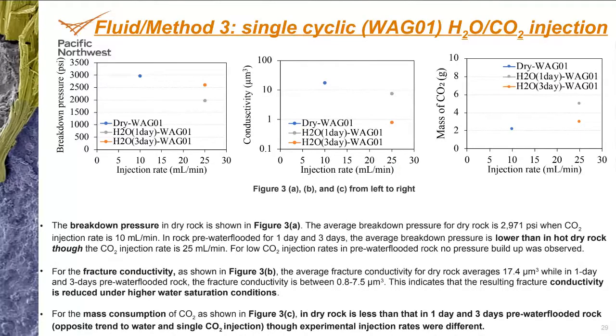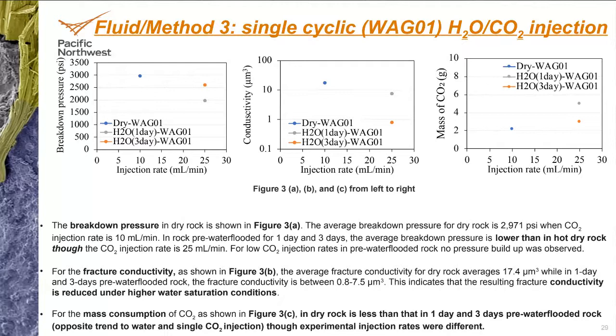If we introduce water, it's 1/3 of the total core volume. After we've saturated with water, we introduce 1/3 more, so 12 milliliters of water, followed by injection at a constant flow rate of CO2. What we observe again is that in hot dry rock, the overpressures required to fracture are higher than in water saturated rock.